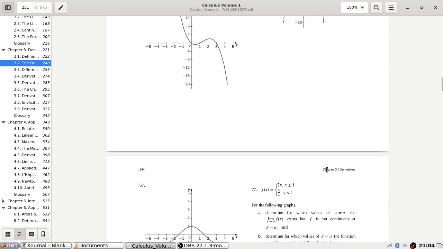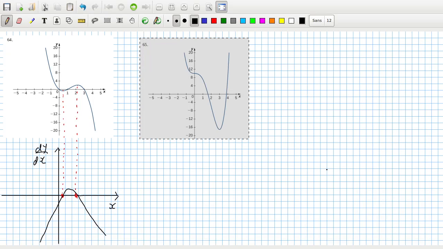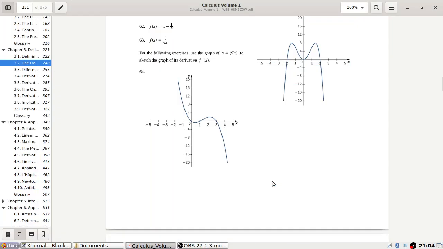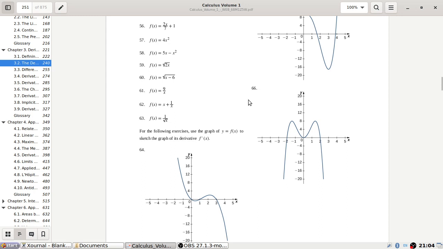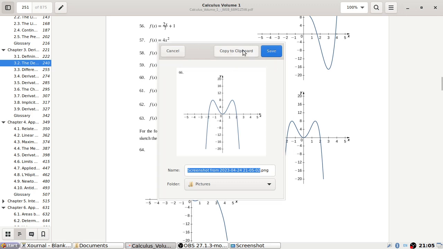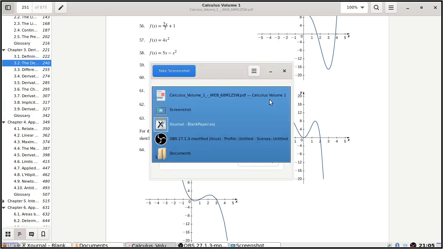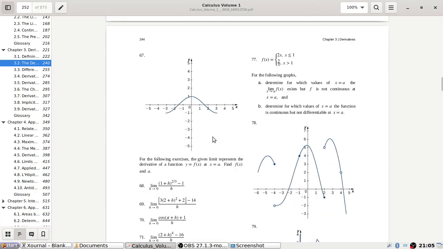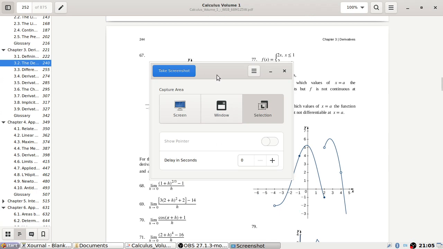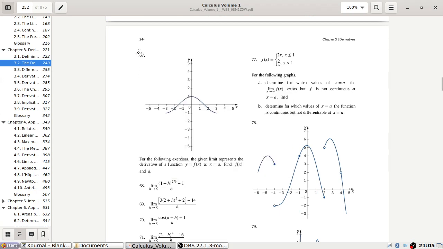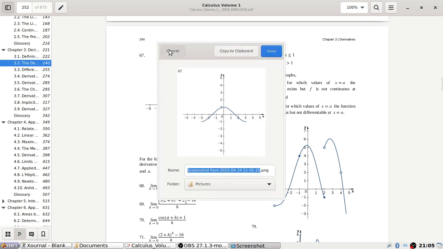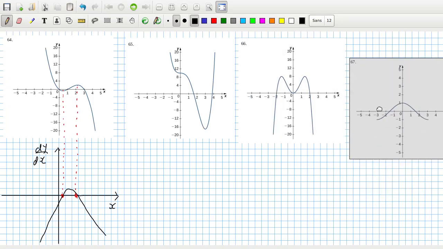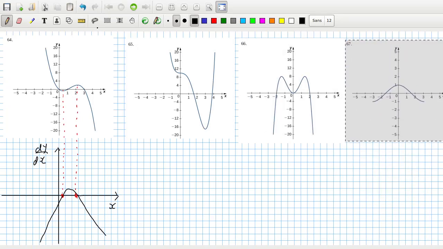And then we might as well put the other ones in. 65, 66, 67. Oh, will it fit? Just about.